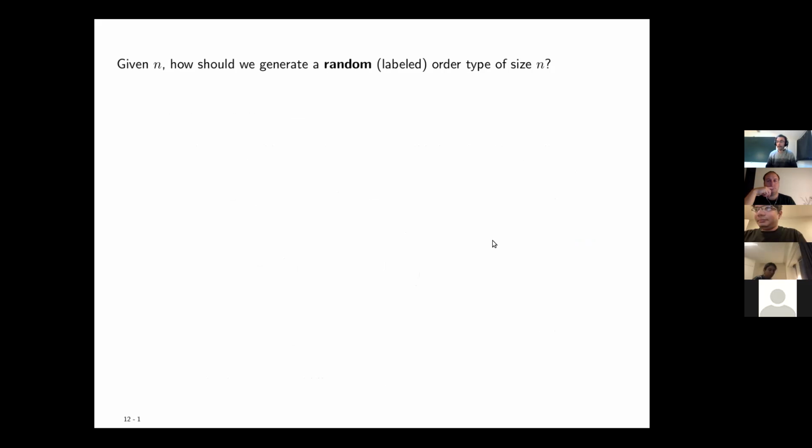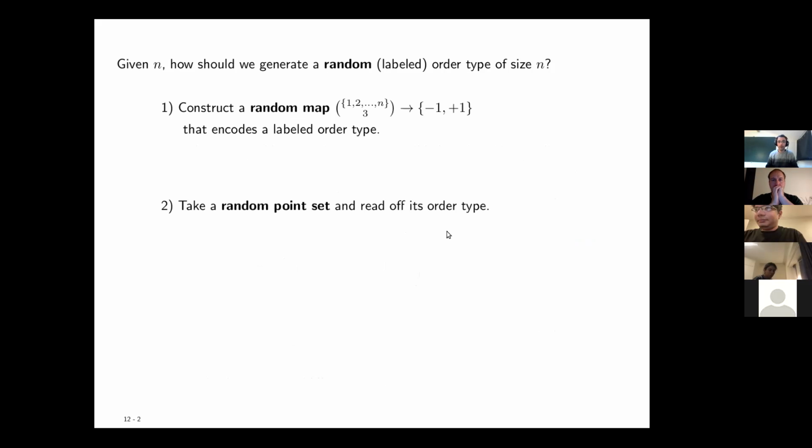Okay, and there are really two natural ways to approach this question of generating a random order type. First, you could try to construct a random map, a random orientation, and then you produce a random labeled order type. But also you could try to construct a random point set and read off its order type. And both of these approaches hit some rock.